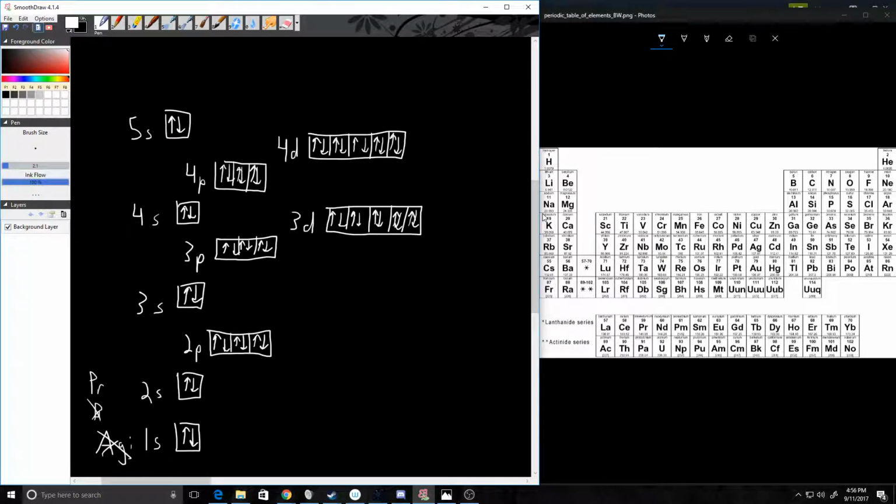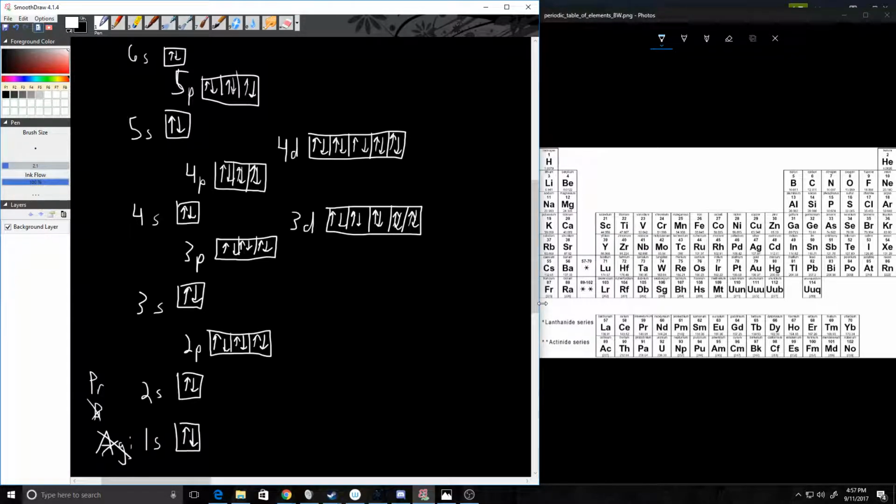We're going to have that, and that gets me through here, and then we're going to have the 5p's, 3 boxes, 6 electrons, and if you can tell, I'm in a hurry now. All right, so now I got these two here, so these are 6s, 2 electrons in there.